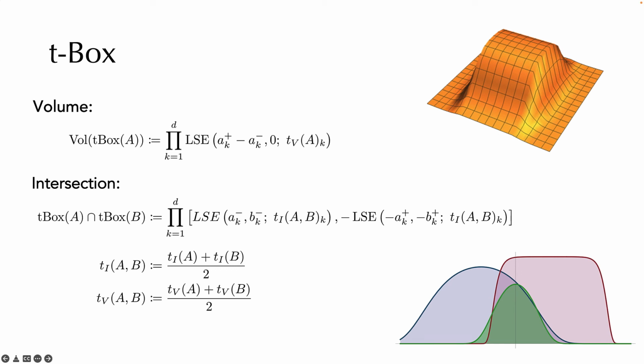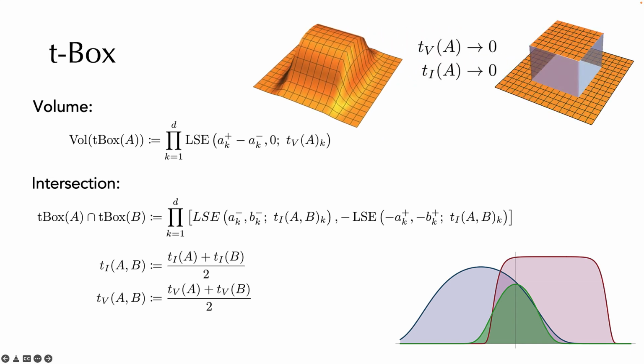Doing so enables us to use separate temperatures per dimension and even per entity by taking an average of temperatures when computing intersection. Once again, as temperatures go to zero, we recover the hardbox model, the distinction here being that since these temperatures are trainable, the model can actually realize this in practice.